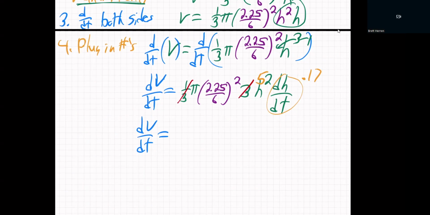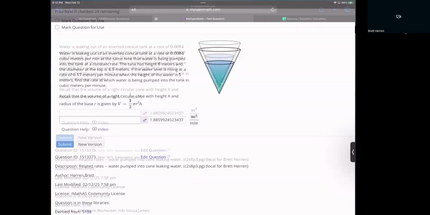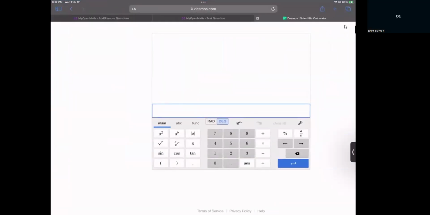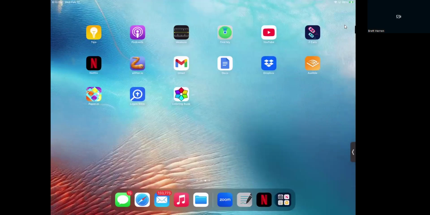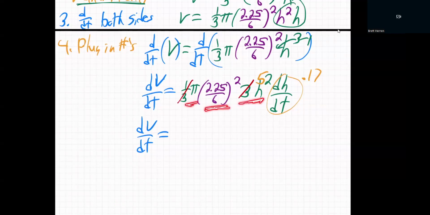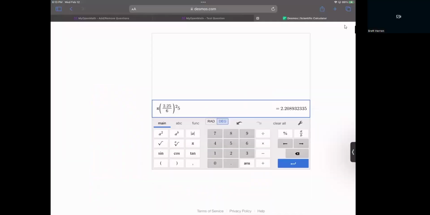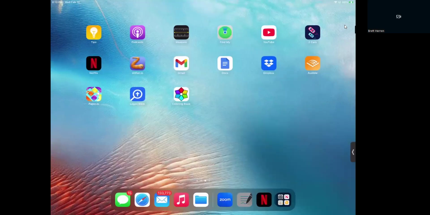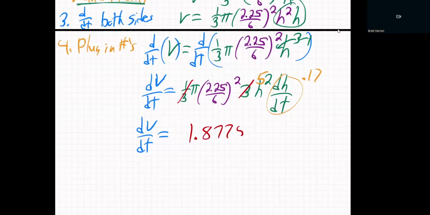So I'm going to put that in Desmos: pi times 2.25 over 6 squared, times 5 squared times 0.17. Okay, 1.87759.